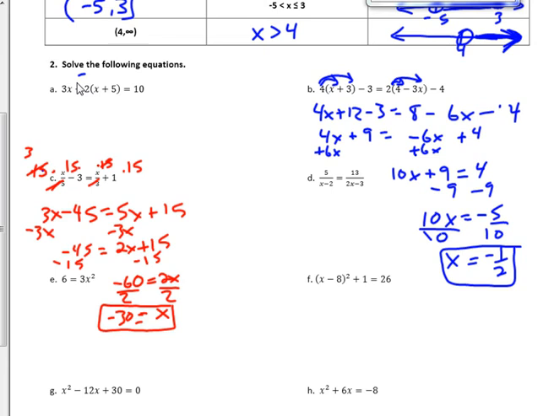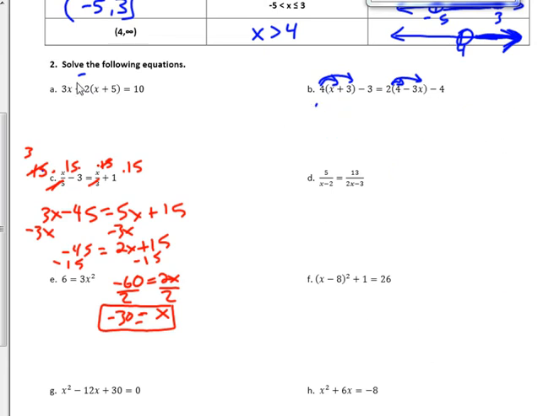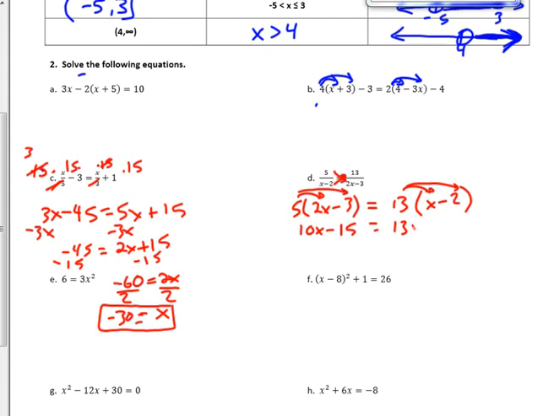When we're looking at D, I've got two fractions equal to each other. I can either use the same method that I just used over there, or I can cross multiply. But let's cross multiply. When I do that, now I have distributive property here, distributive property here.